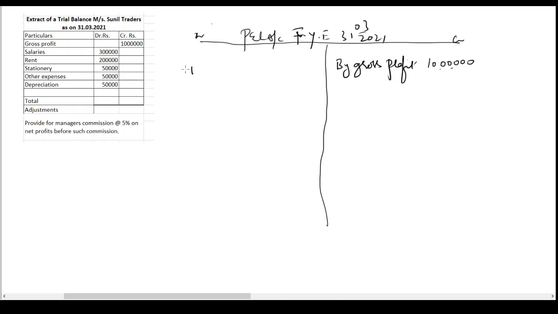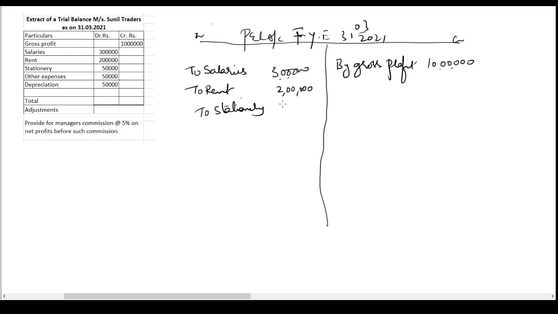Salaries is debited to the P&L account, so to salaries 3 lakhs. Rent is also debited to the P&L account, so to rent 2 lakhs. Stationery is also debited to the P&L account, to stationery.